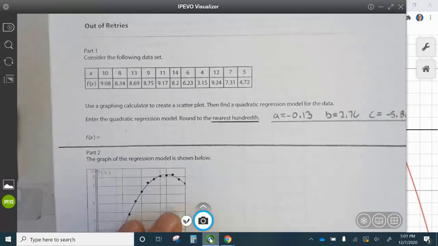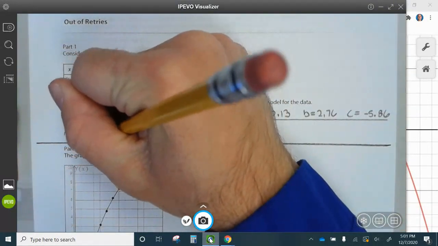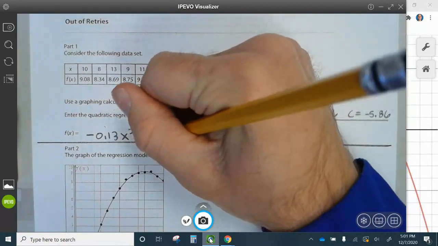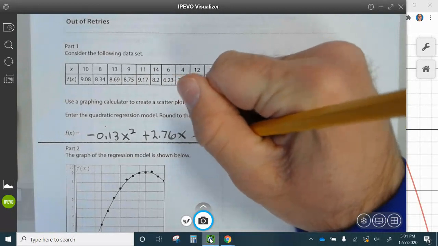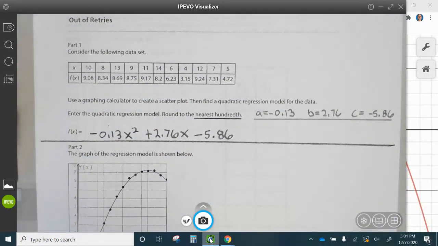Okay, so our equation is f of x equals negative 0.13x squared plus 2.76x minus 5.86. Okay.